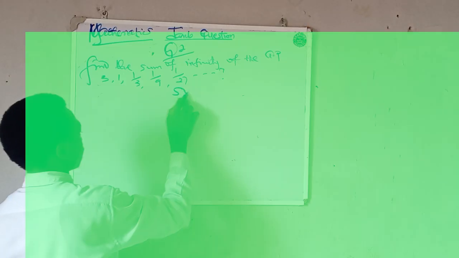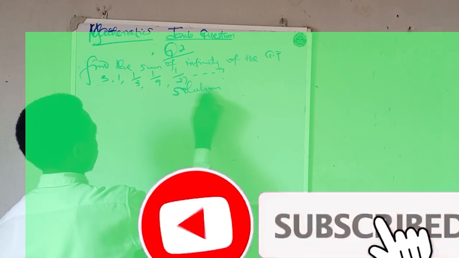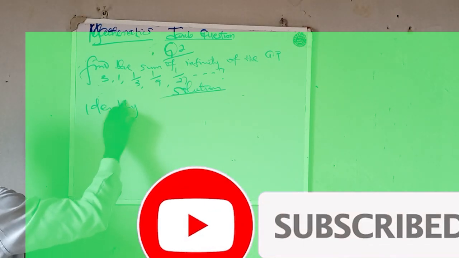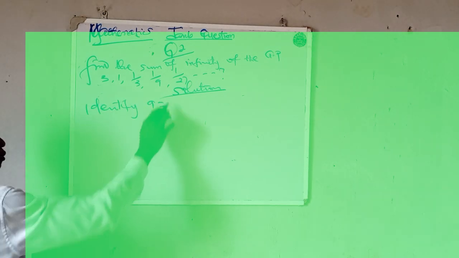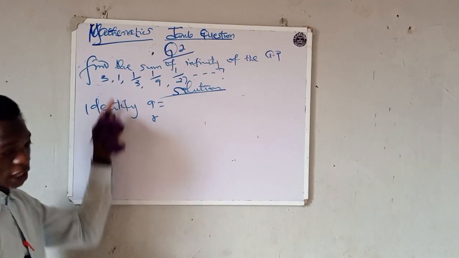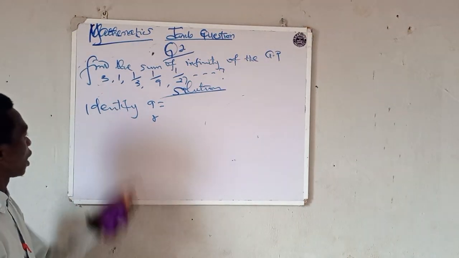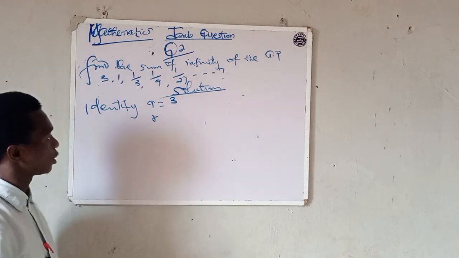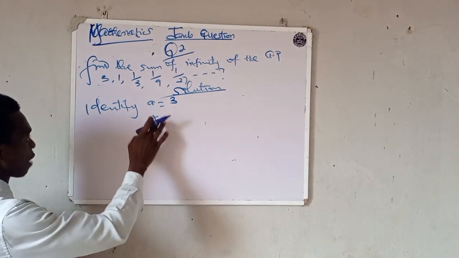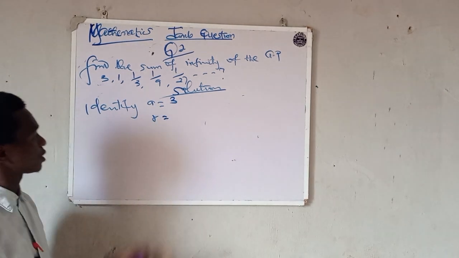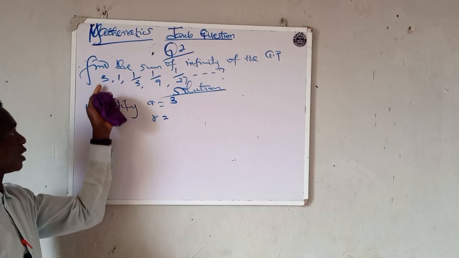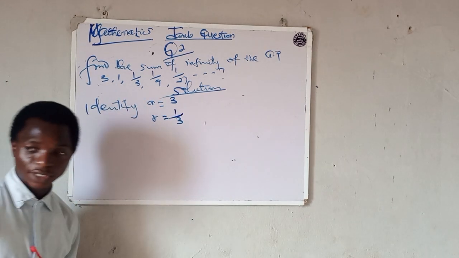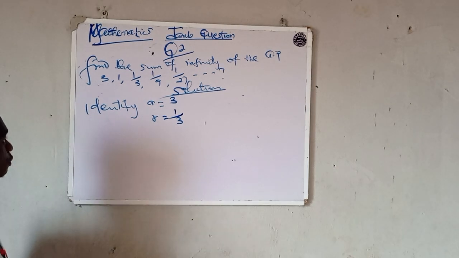First, identify your A and your R. Now, from the question, our A is equal to 3. That is the first term. While our ratio is the term divided by its preceding term, 1 over 3 is our ratio.